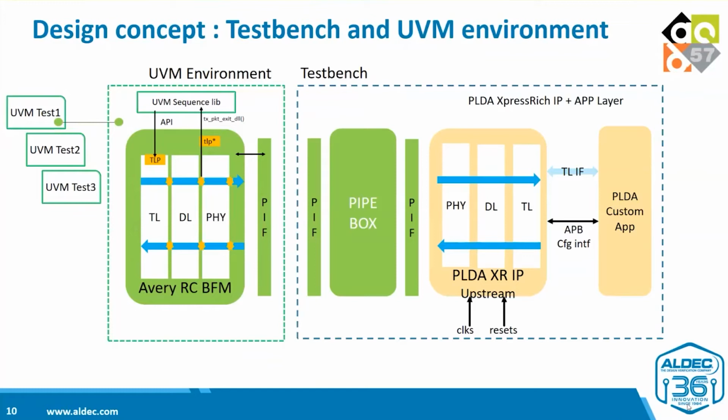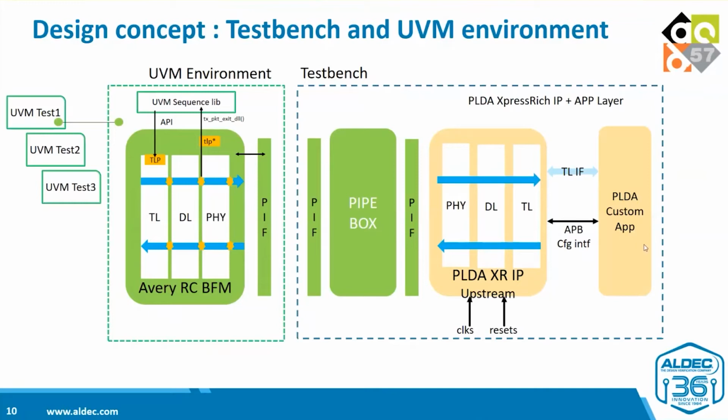The pipe interface is connected to a pipe box that is connecting to the test bench interface. And on the other side, there is a custom PLDA application layer that is doing the transactions as an application.